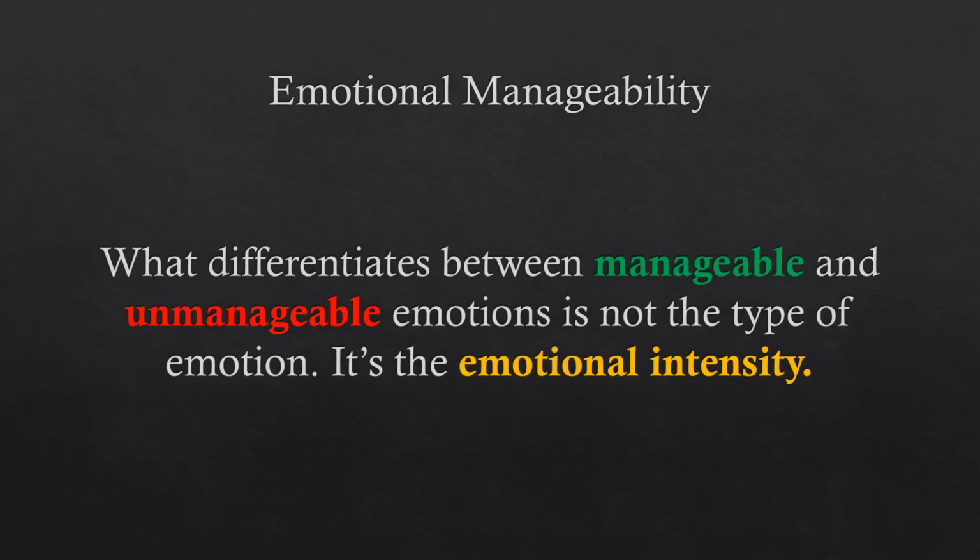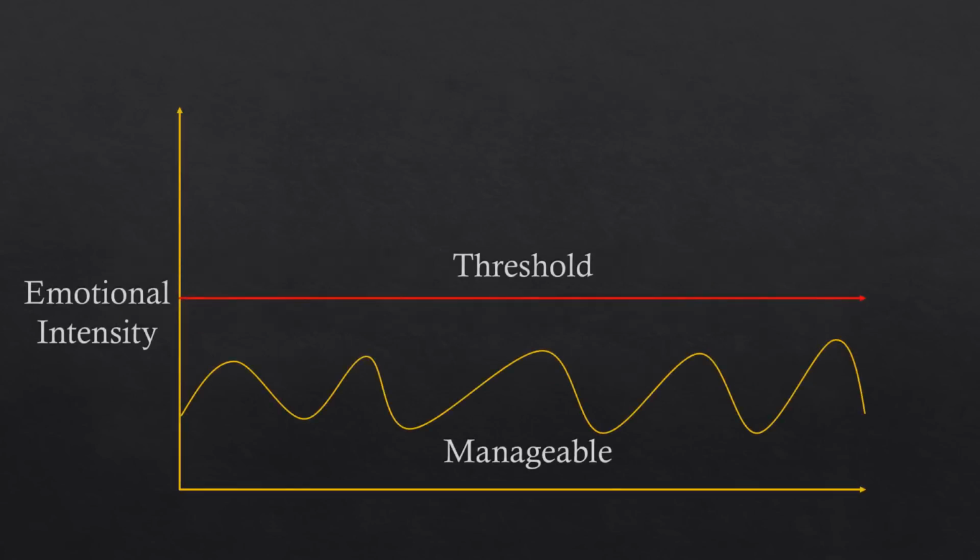Emotional intensity is simply the degree to which you feel an emotion. For example, you can be mildly angry or you can be uncontrollably angry. You can be a little anxious or you can be overwhelmingly anxious. What some traders don't realize about emotional intensity is that there is a certain threshold for it. If you keep the emotional intensity below a certain threshold, any emotion, positive or negative, is manageable by using a reasonable amount of willpower and discipline.